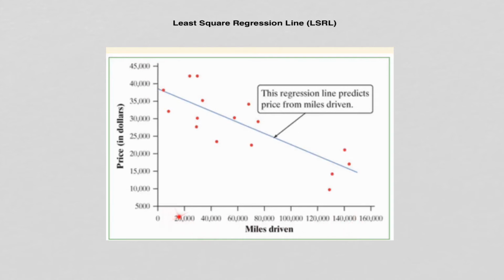So of course, if you have an old truck that has driven 100,000 miles, its price, well, we don't have that value, but let's say 40,000 is probably worth around $22,000. Or maybe a truck that has been driven for 140,000 miles, its current price is $20,000.